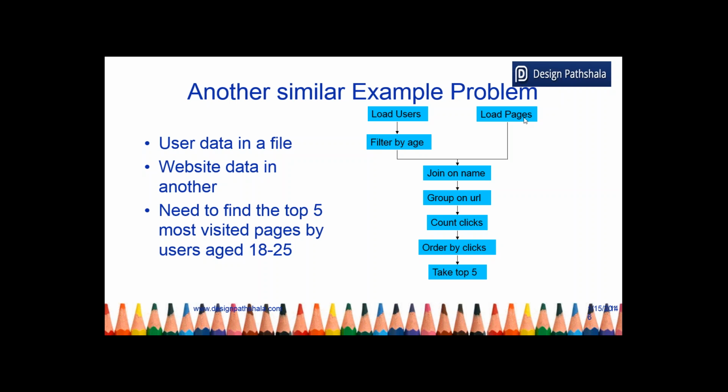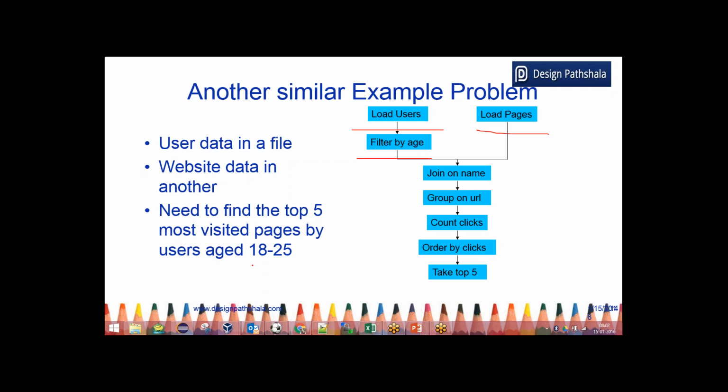So basically, if I have to do that, I would have one user data set, that is users and their corresponding age, and another would be clickstream data. So I'll be loading the clickstream data. I'll be loading the users data. I'll be filtering the users based on the age.